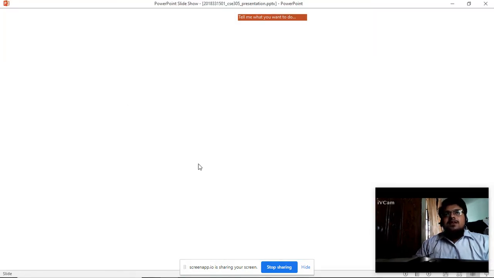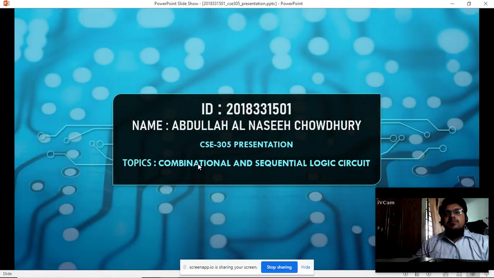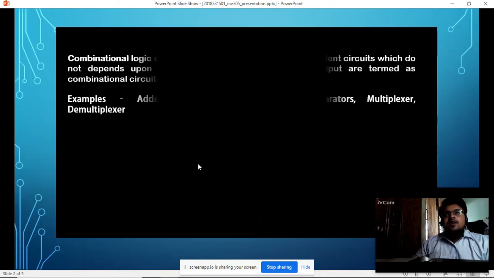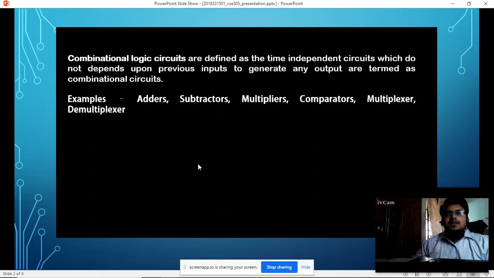So at the very beginning, let's start from the definition of combinational logic circuits. So what is a combinational logic circuit?